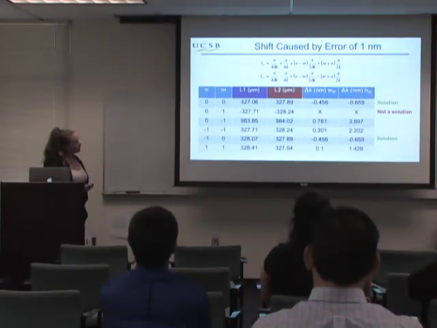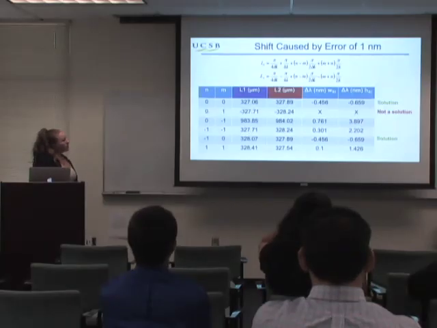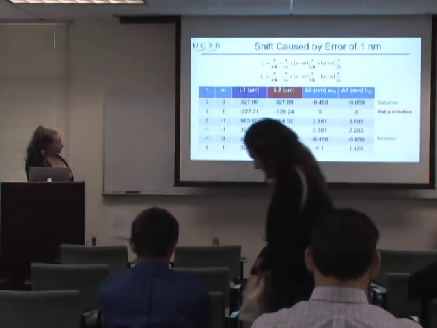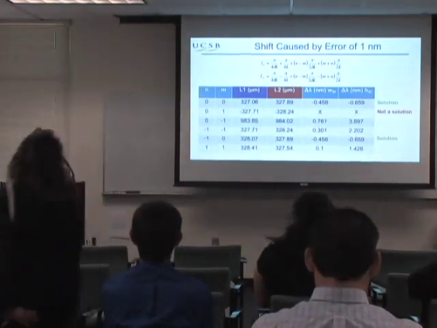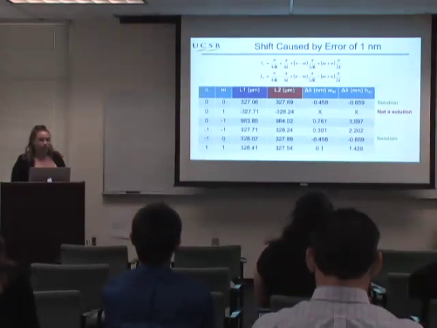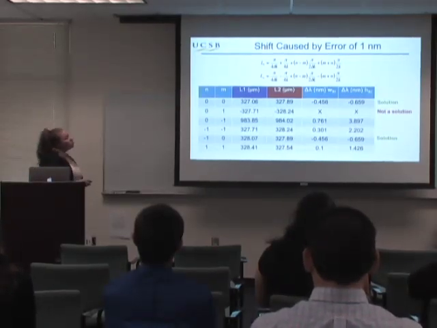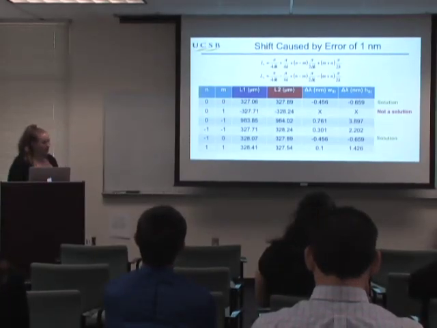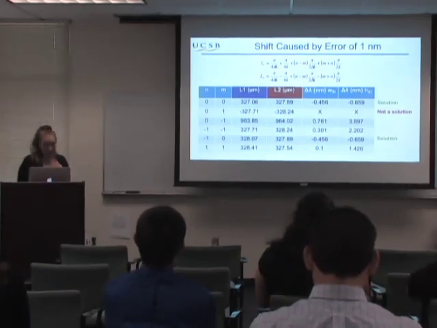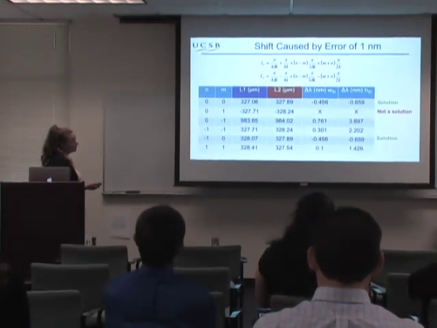With these same equations, we intentionally cause a shift error of 1 nanometer to see what the lengths of L1 and L2 should be along with these spectral shifts. First, we find that when N is 0 and M equals 1, we have negative L1 and L2, which cannot exist. So this is not a solution.